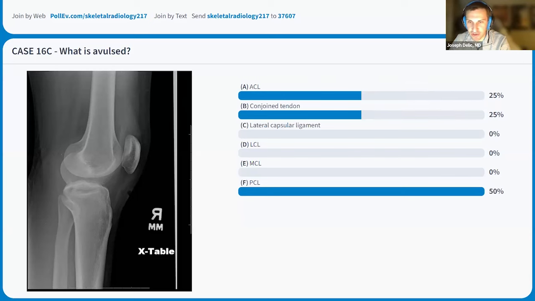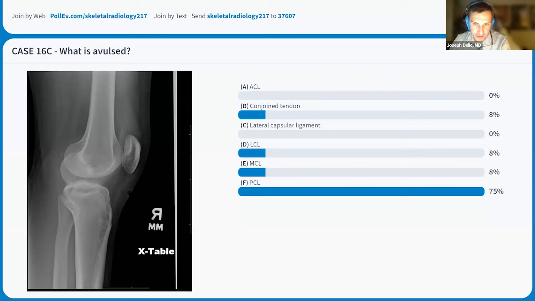Okay, so I'm only giving you a lateral view on this one. Taking a look for small fragments around the knee. Okay. And we have one more we're going to look at.